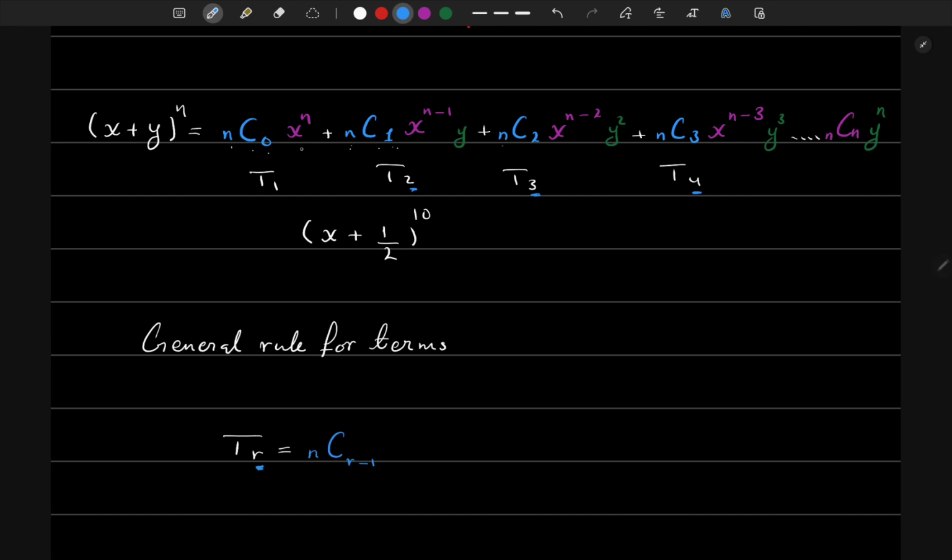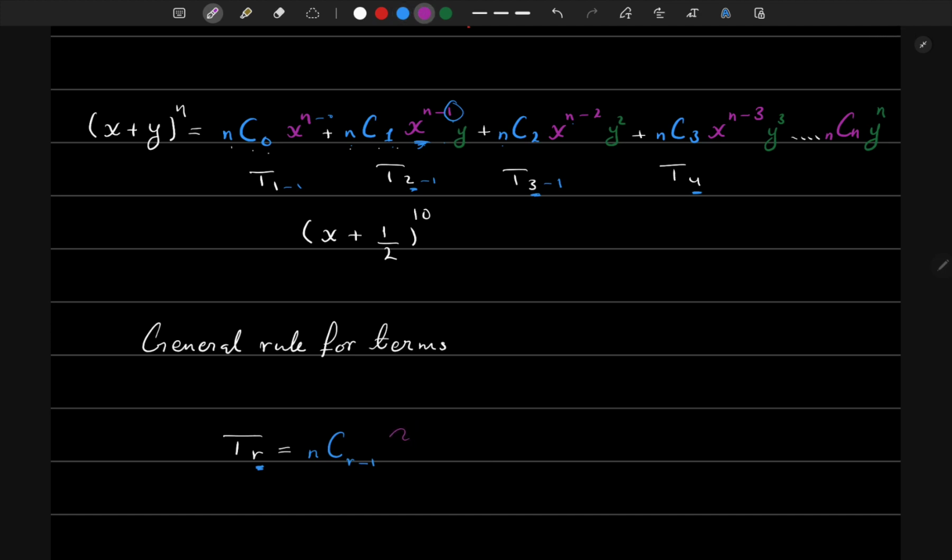Now, if we look at x here, x is raised to the power of n. And here x is raised to the power of n minus 1, and this one is also 2 minus 1. And here x is raised to the power of n minus 2, and so it's 3 minus 1 equals 2. Even in the first one, it's n minus 0, which is 1 minus 1.